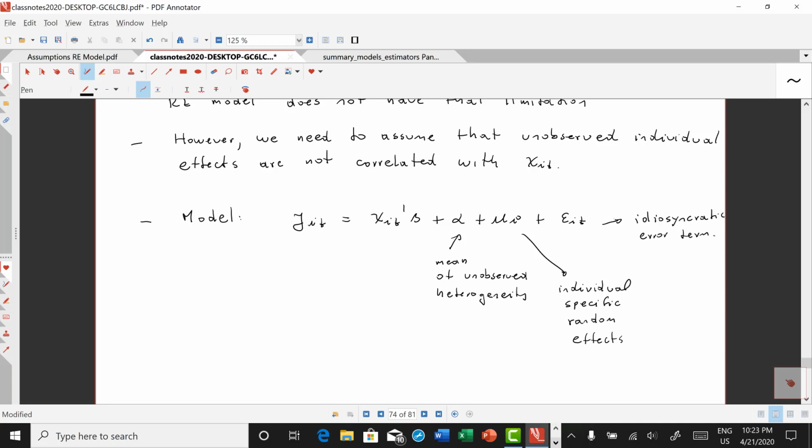Remember, that's our random effects model. So this is the mean of unobserved heterogeneity. I guess I should have said across the individuals, and these are individual specific random effects. Notice that these effects are time invariant.